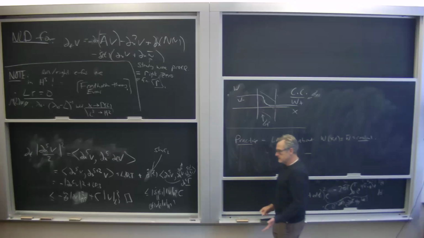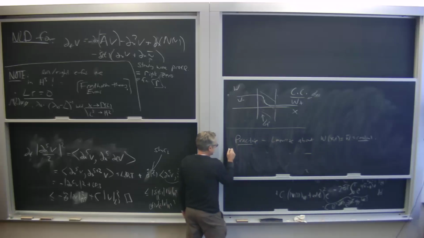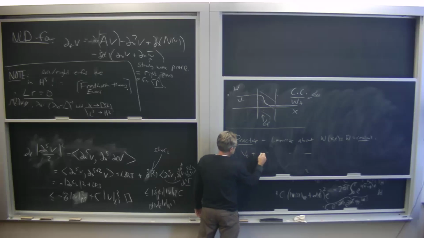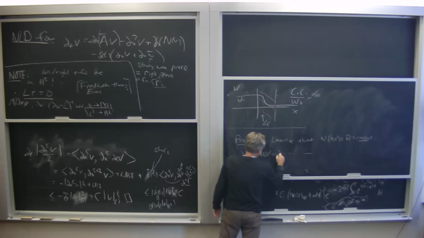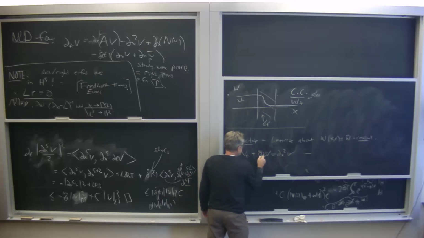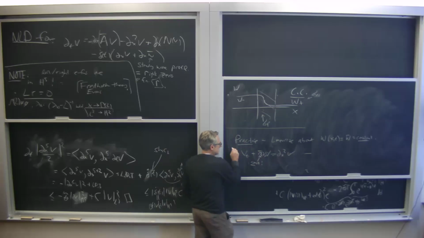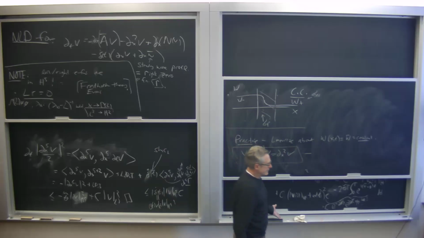Okay, so if we do this, and I'll do the scalar case, we get v_t plus A bar v_x equals v_xx. And now this is constant, so that's much nicer. In particular, we can Fourier transform.